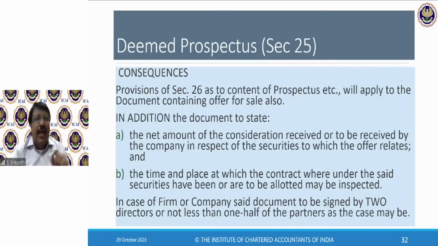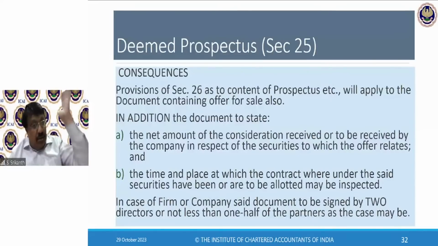That document will have to comply with section 26, the provisions of section 26 as to content of prospectus, completely. So you can't write statements like wonderful company. You have to give all the relevant material facts. As per SEBI guidelines, risk factors should be told. Everything has to be given.